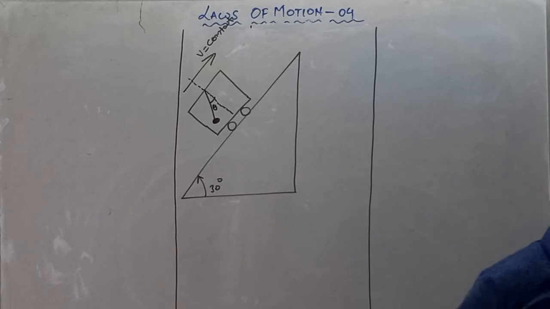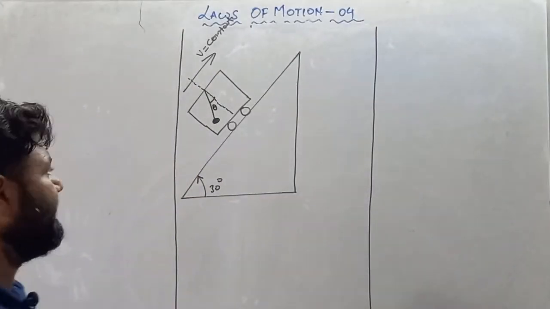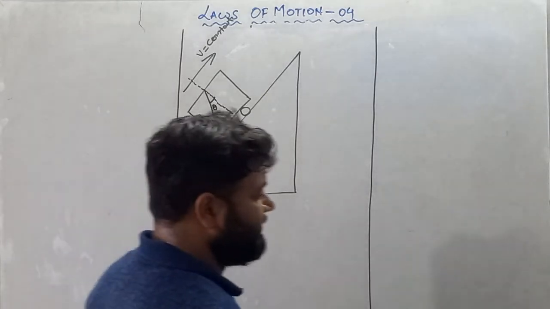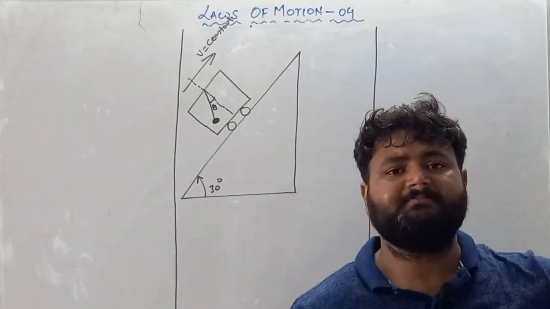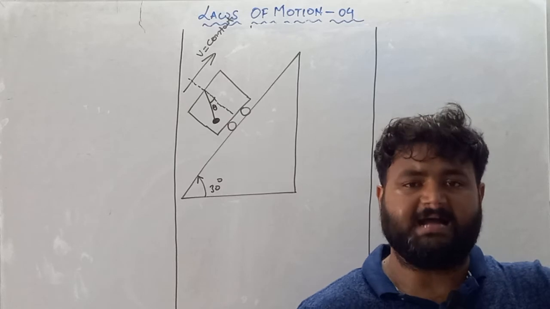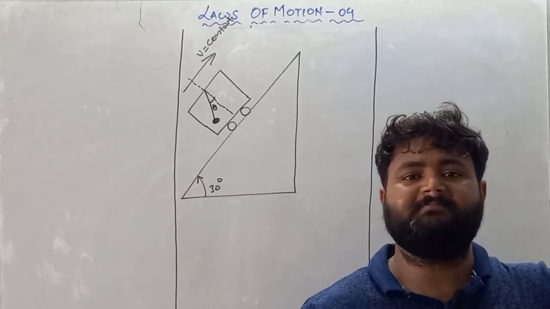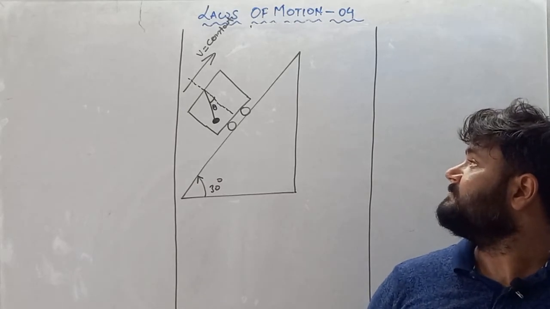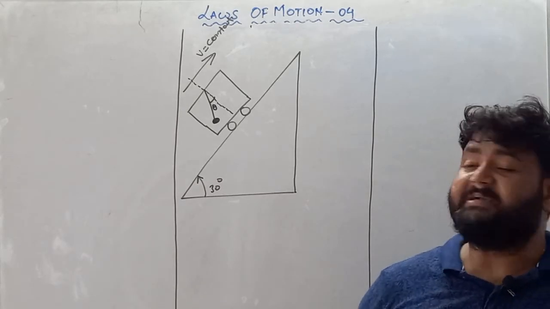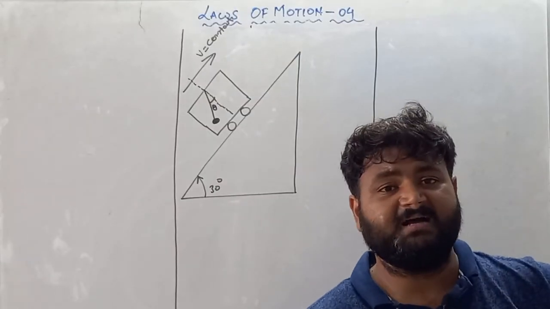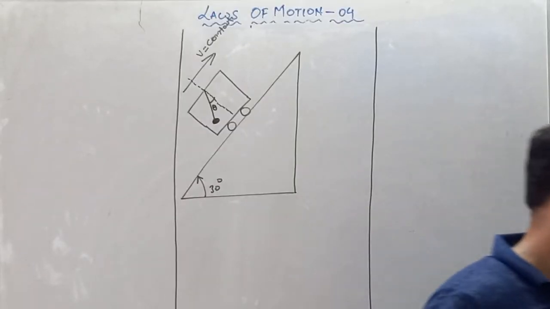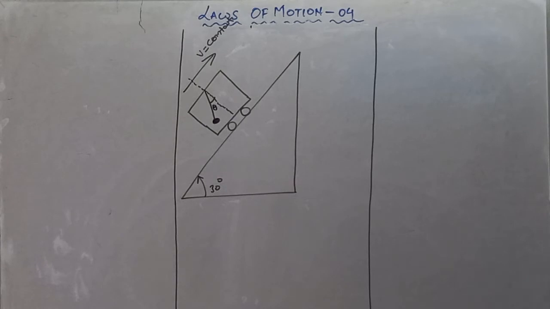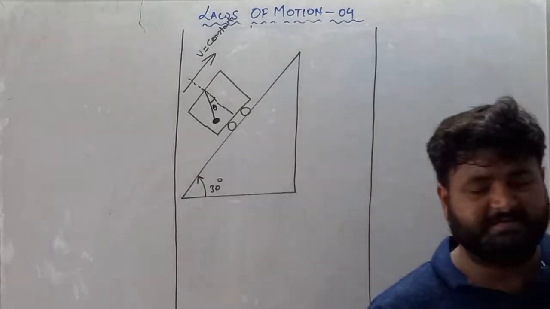Find the angle made by pendulum with the vertical axis.